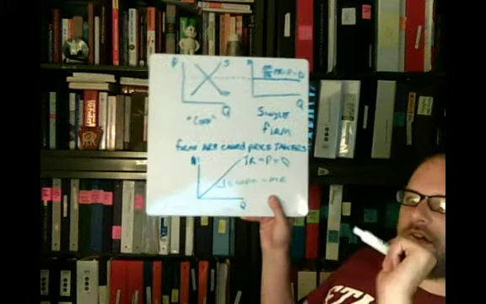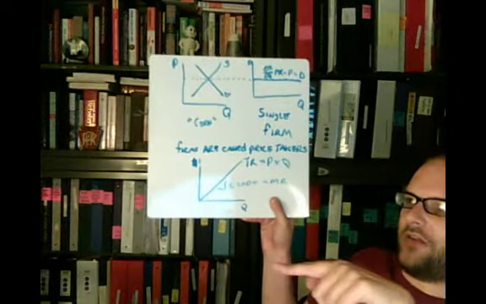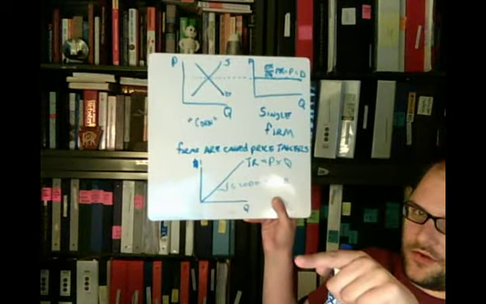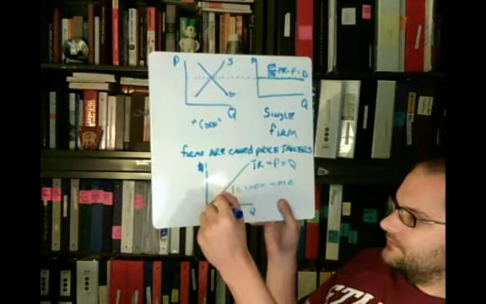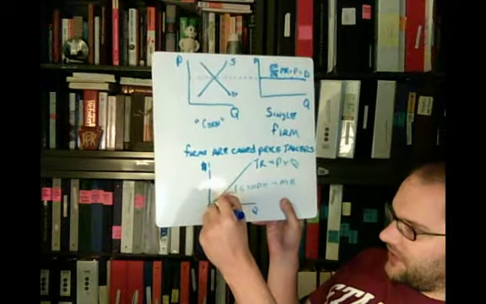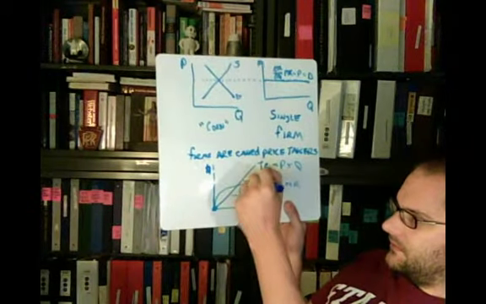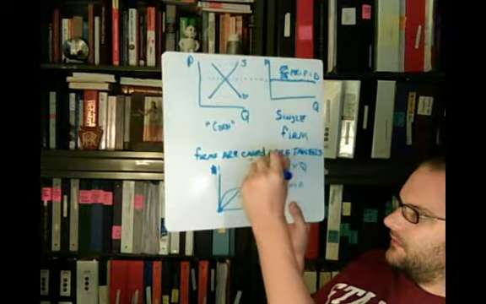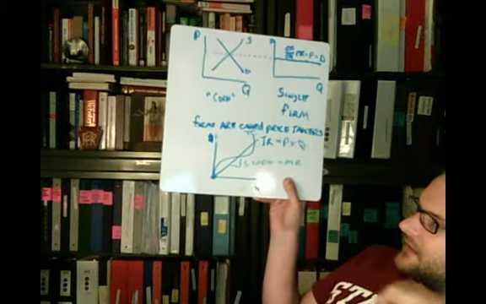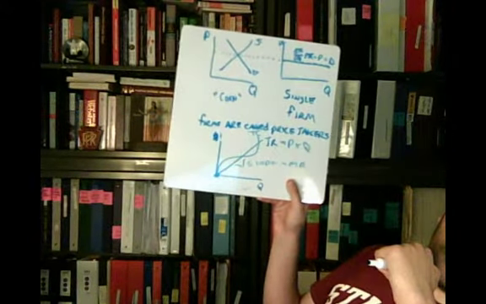Now that's going to be significant for us because we should remember from the last chapter that the total cost curve is going to play a role here. And that the total cost curve starts at 0 and is kind of shaped like this. Now it's shaped like this, we know, because of the total product curve.